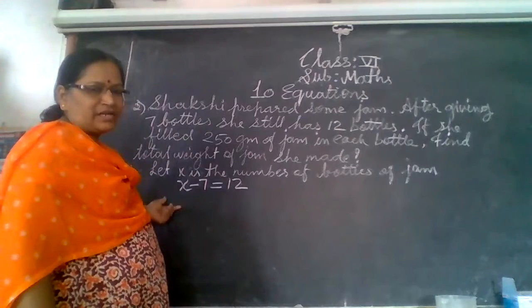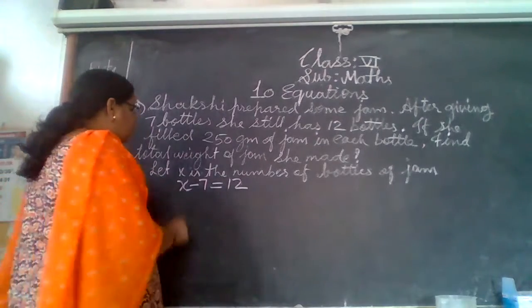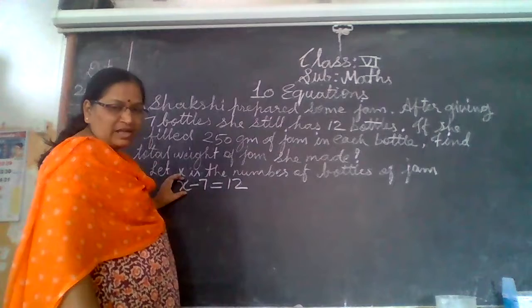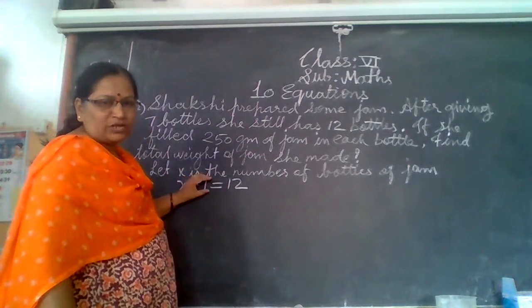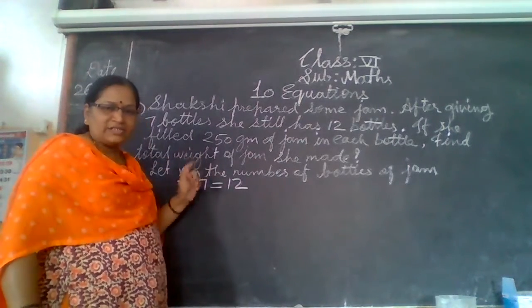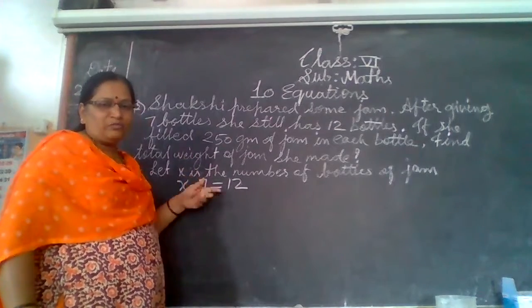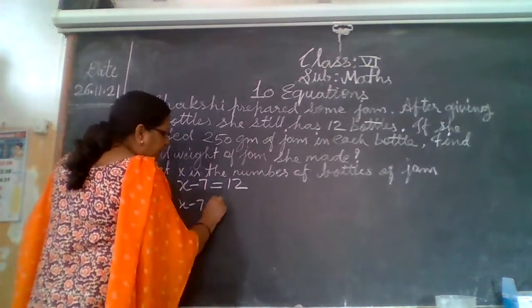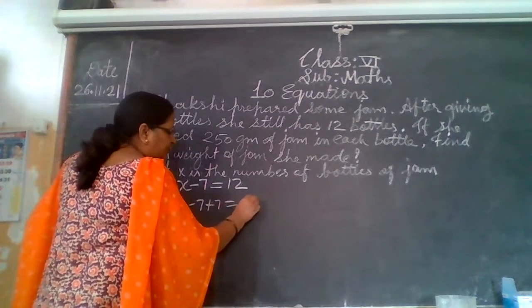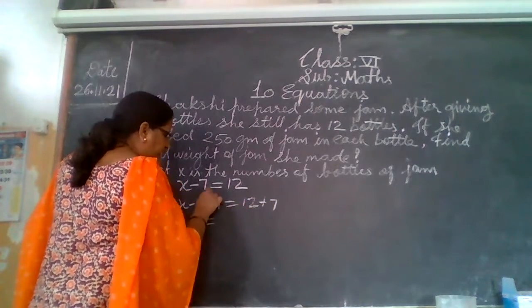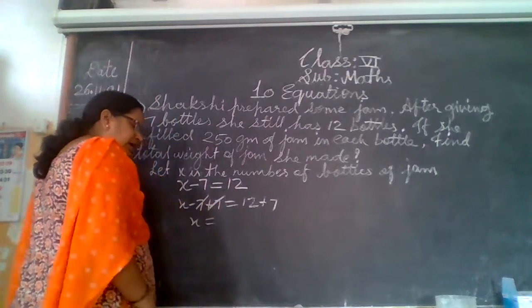So first we will find the total number of bottles. So see children, the equation is formed. To find the value of this x, you have to remove minus 7 from this side. So apply the addition equality on both sides. Minus 7 plus 7 cancel.